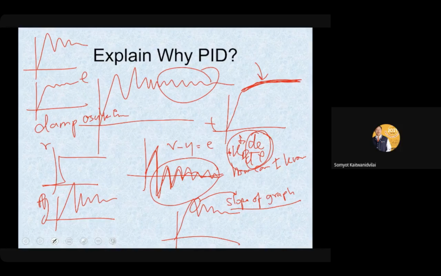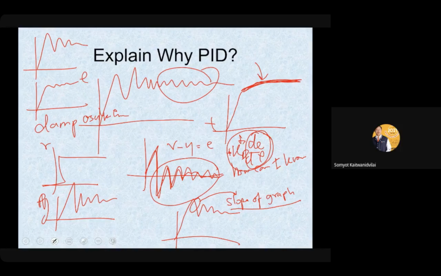And if you would like to eliminate steady state error, you put KI. And if you would like to decrease the overshoot or oscillation, you make KD higher. In conclusion, KP makes the system faster, KI gives zero error at steady state, and KD damps the oscillation.